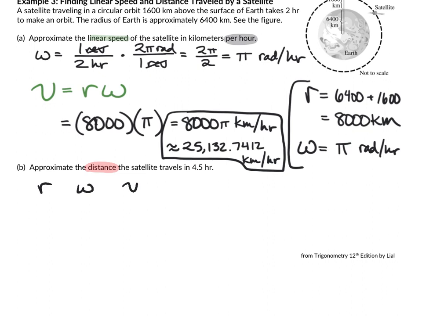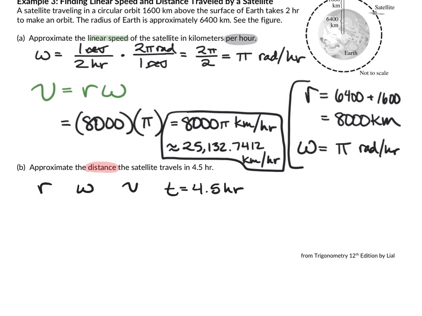We were also given that the time is 4.5 hours. I need to find a formula on my page that relates distance to some of these variables. Is there a formula you can find that involves distance and some of these variables?